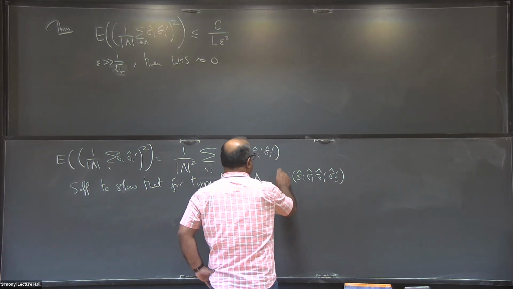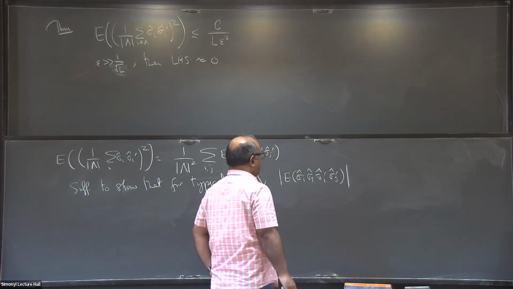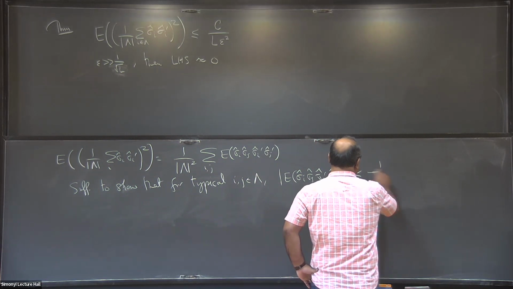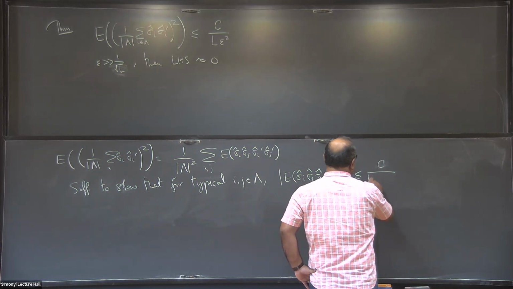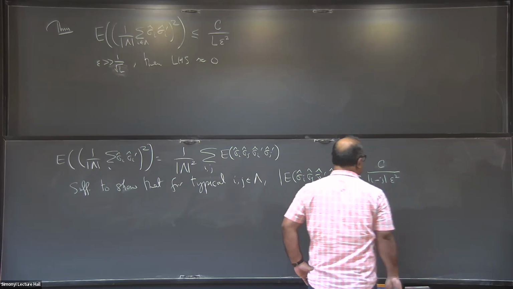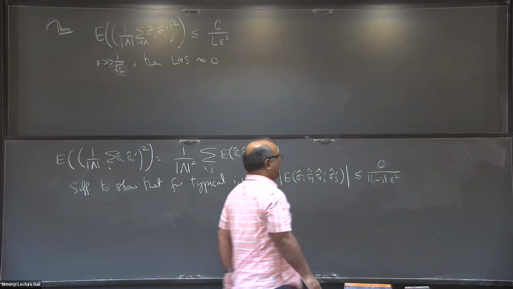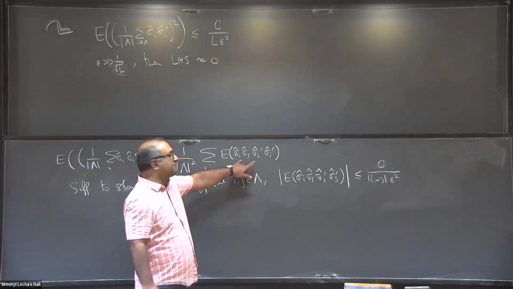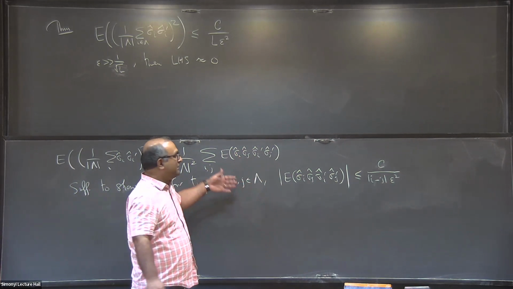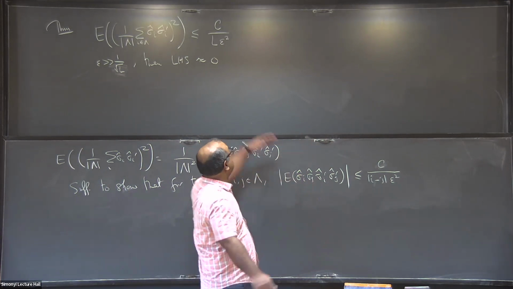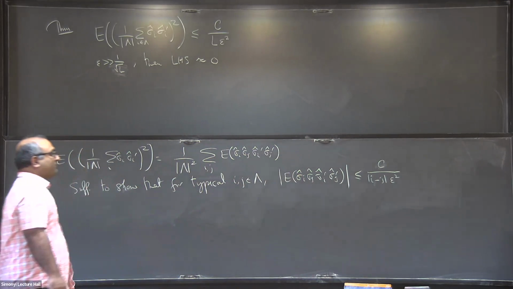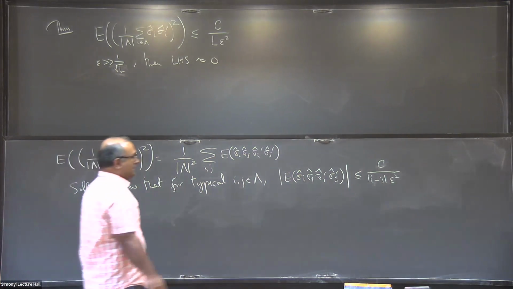Actually, what we'll end up showing is that this is less than or equal to some constant over the distance between i and j times epsilon squared. This will suffice, because for typical i and j, the distance is of order L, and if we can prove a bound like this, we'll get a bound like that over there, because that's the average.